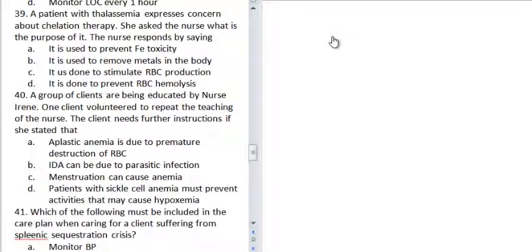Number 39. Patient with thalassemia expressed concern about chelation therapy. She asked the nurse what the purpose of it is. Nurse responded by saying, so, a thalassemia patient needs to undergo chronic blood transfusion.